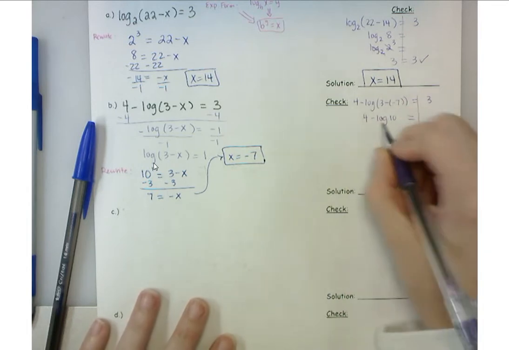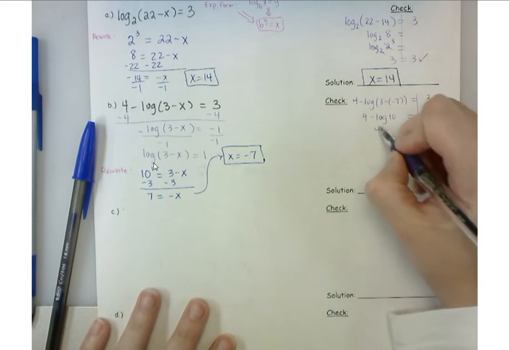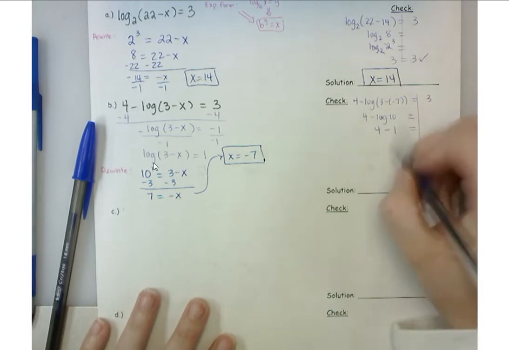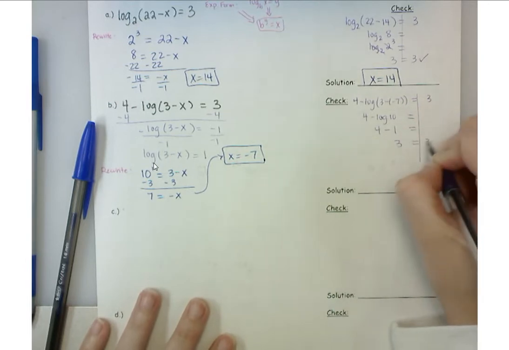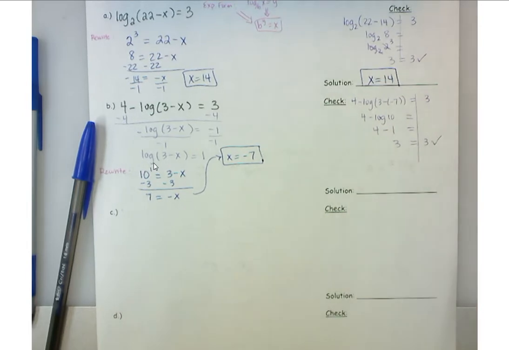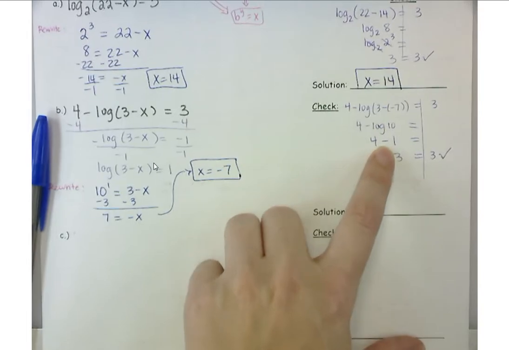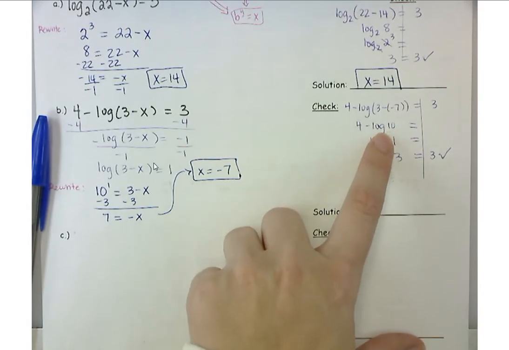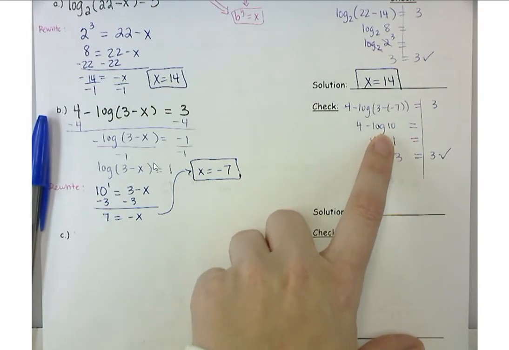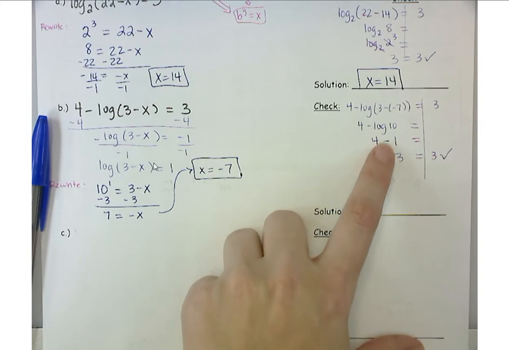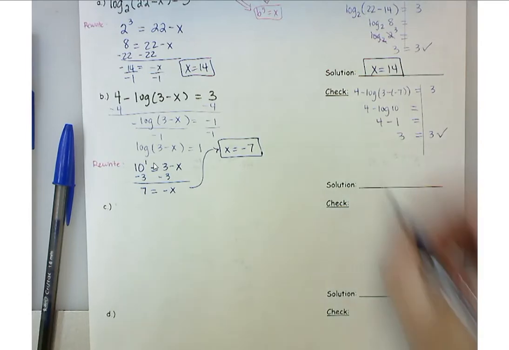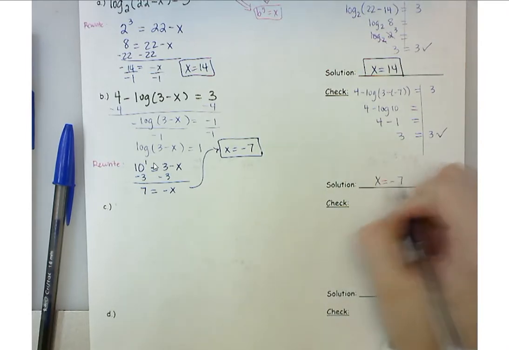Okay, log of 10 is what? 1. 4 minus 1 is 3, so 3 is going to equal 3. Okay, but you need to show me this step here. That way I can see the log of 10 is 1. Okay, and then 4 minus 1 is 3. All right, so if it checks, that means that is our solution.